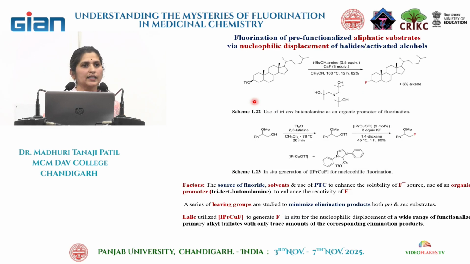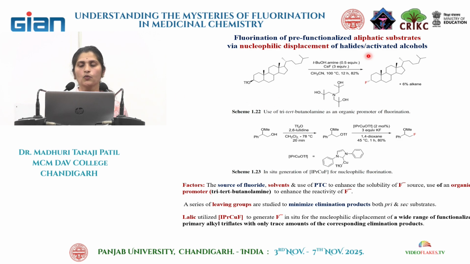So far we have discussed a few methods by which you can introduce fluorine on sp2 carbon of an aromatic ring. There are a huge number of reagents which use transition metal catalysts to do this reaction, but I will not talk about that. Dr. Ravi will talk about that topic maybe tomorrow or day after tomorrow.